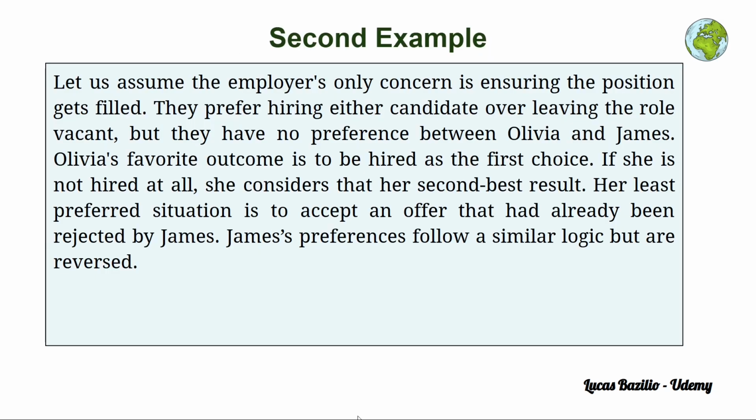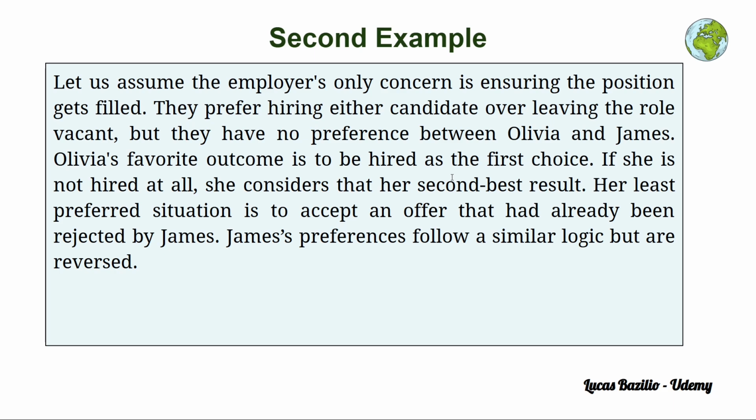So let us begin with the employer's utilities. Remember that the employer only cares about whether the position is filled or not. So the employer prefers filling the position to not filling it, but is indifferent between filling it with Olivia or with James.